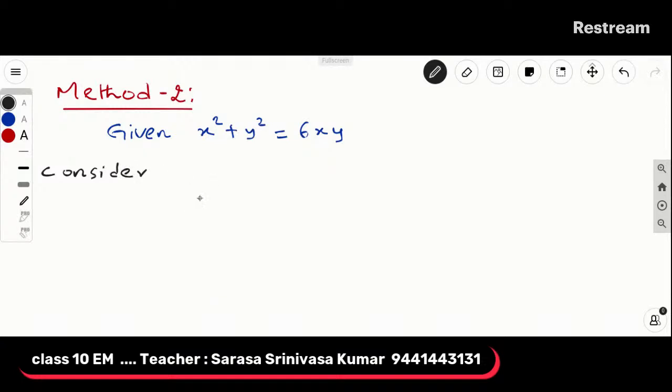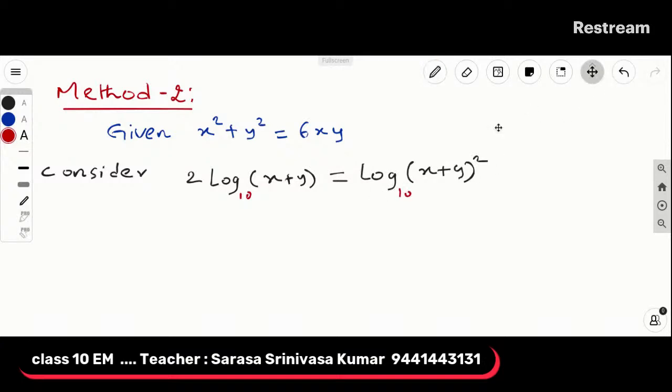Consider 2 log of (x plus y). This can be written as log of (x plus y) whole square. Here the base is 10.